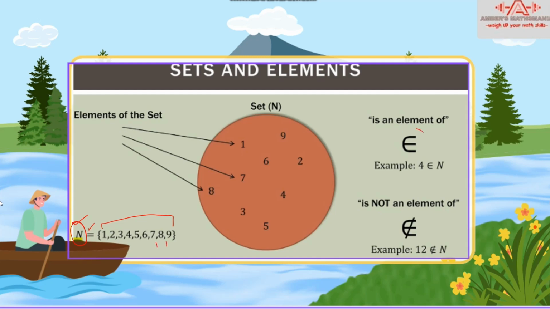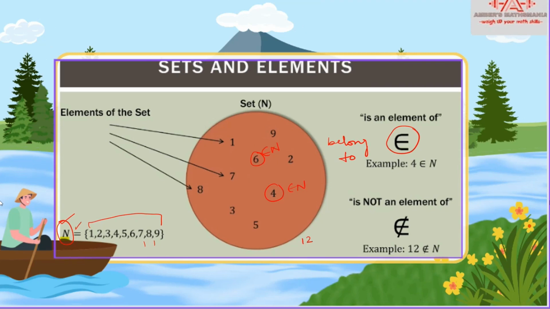Okay, this sign is a belong to sign. It means that any element within the set belongs to that set. So if we are choosing 6, yes, 6 belongs to set N, 4 belongs to set N, and this is the does not belong to sign.